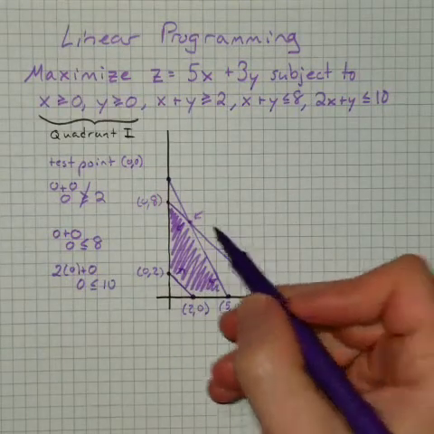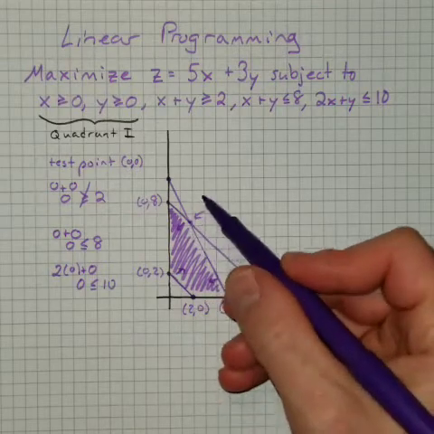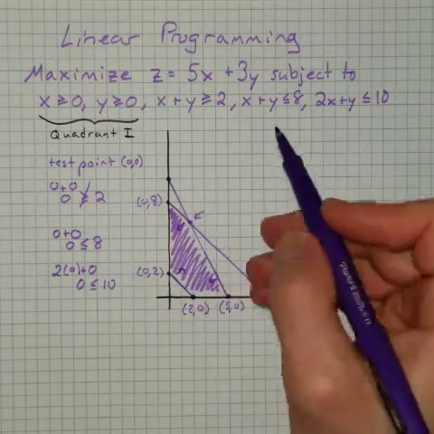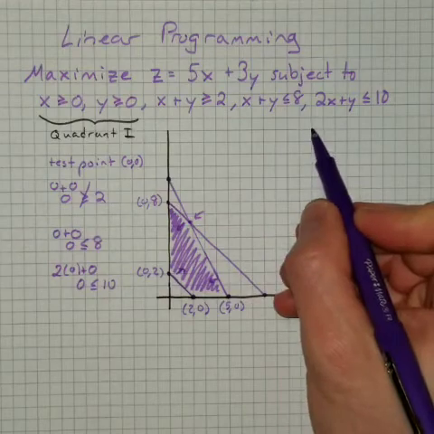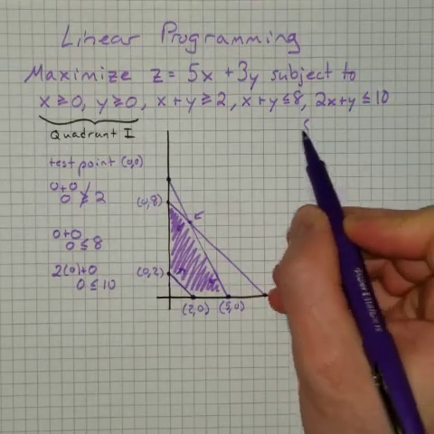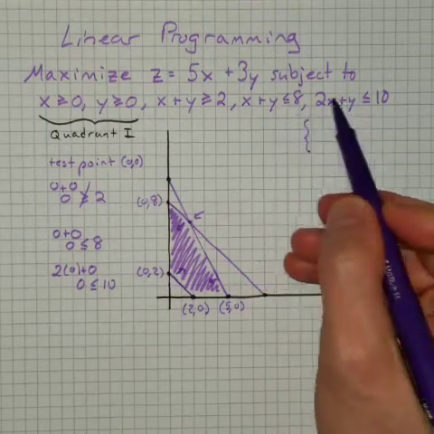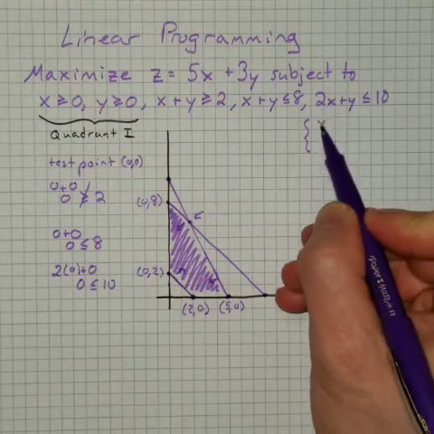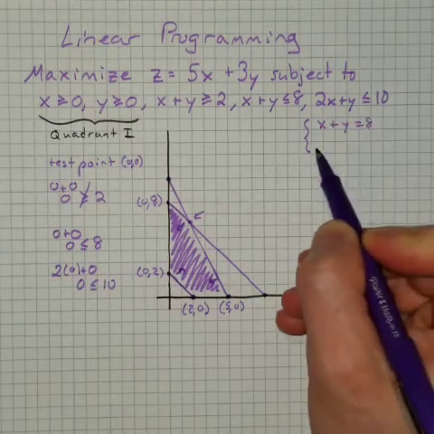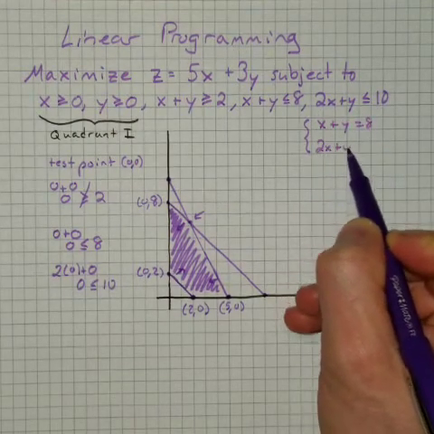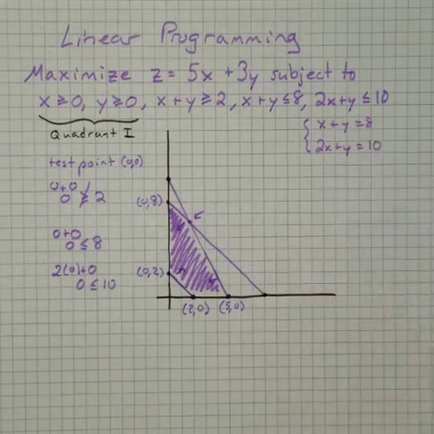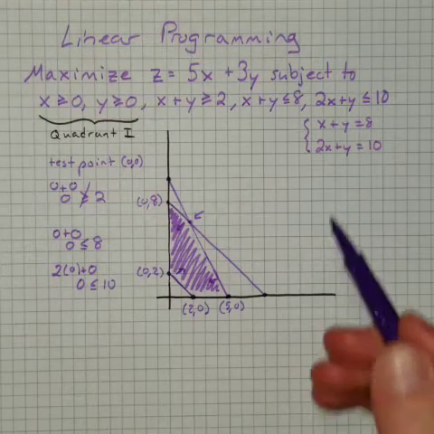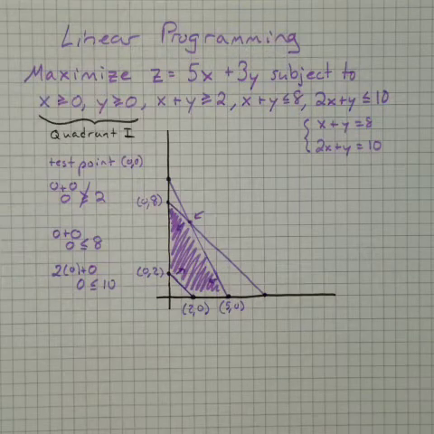And that is going to be the point found by solving the system that contains, let's see, these last two, right? So it'd be x plus y equals 8 and 2x plus y equals 10. I want to solve that system to find the intersection point.